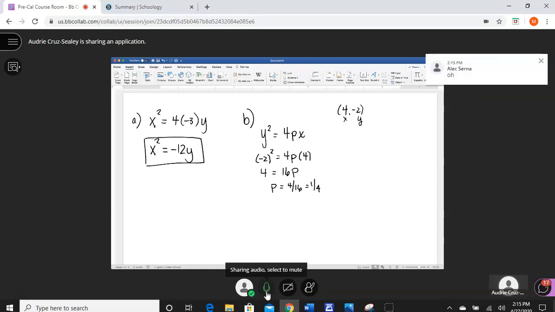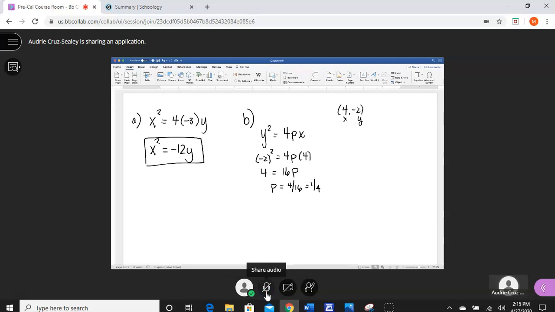What? I don't know what the focus is. Do you know where the focus is? It doesn't show the focus in the picture. Okay, you tell me what you started with. Okay, hold on. Do we agree it's opening to the right?